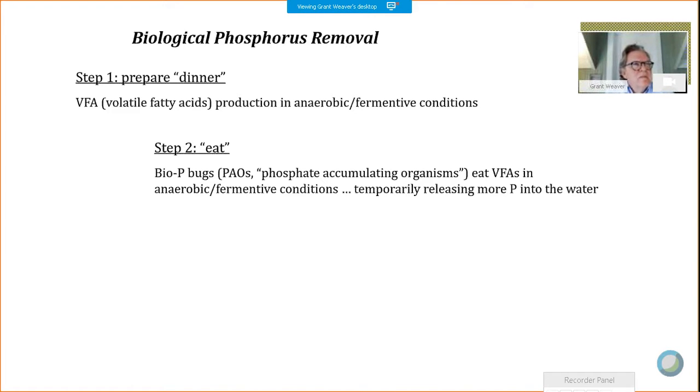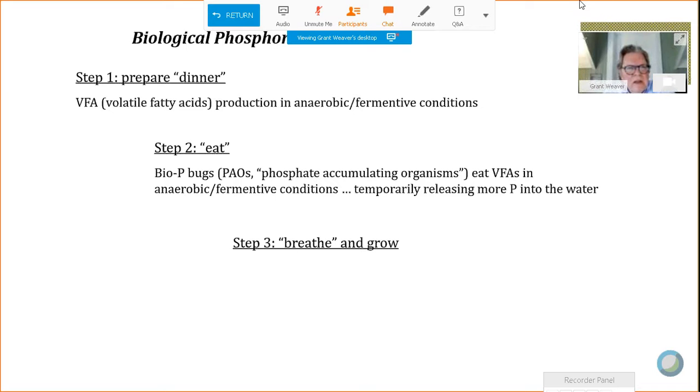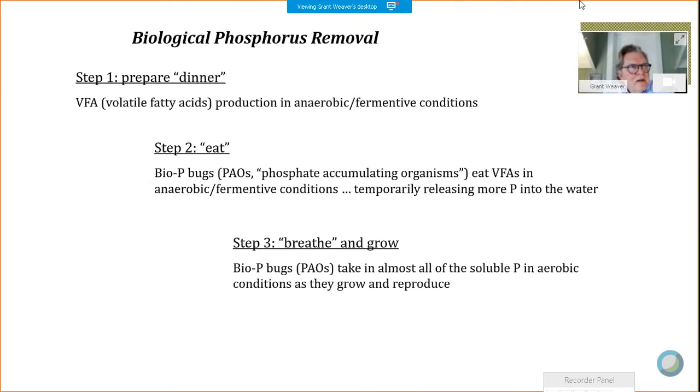And the bacteria in the mixed liquor, the phosphorus removing bacteria, will chow down on those VFAs. If they do that, they don't grow. They just get energized. I guess the analogy is they'd just be getting fat. And then when they go into the aeration tank, they will take that energy and they will grow. And as they grow, they will suck phosphorus out of solution.